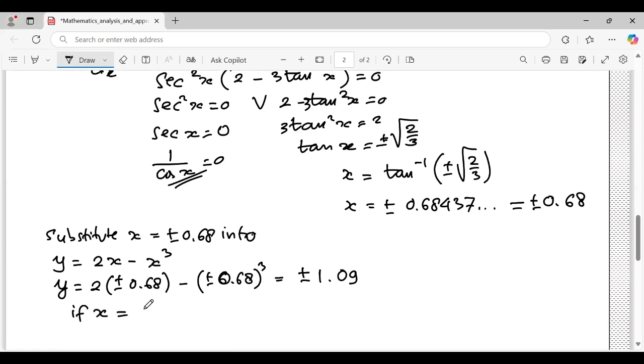So if x equals 0.68, y equals positive 1.09, and the coordinate point is 0.68, 1.09.